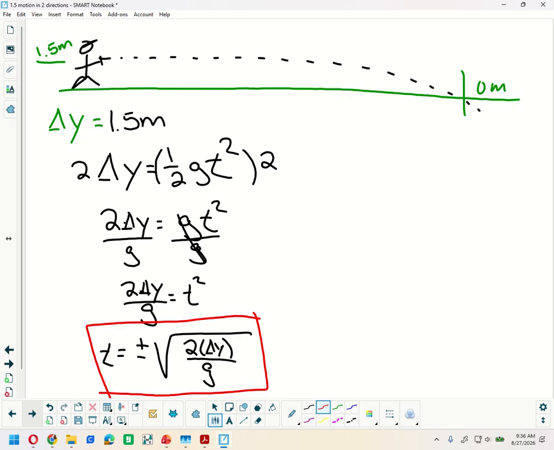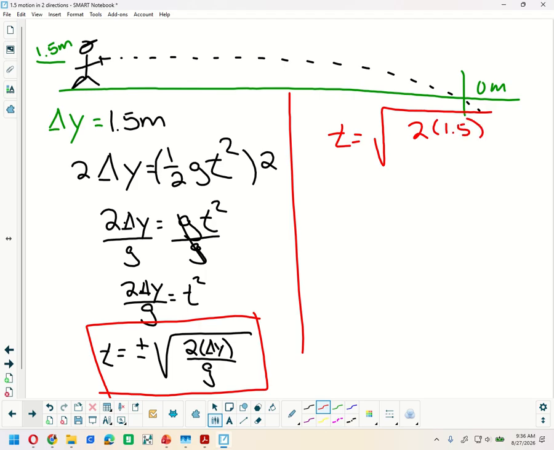So let's go through what I have. So for my formula, I have my time is equal to the square root of 2 times 1.5 divided by my gravity, which is 9.8.